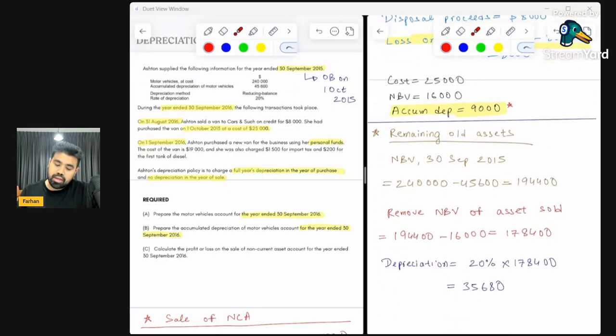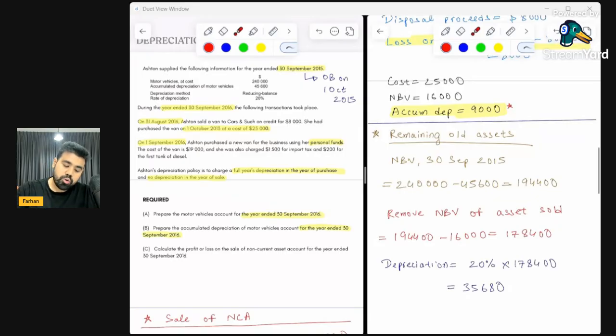Now, you know that we have got some remaining old assets as well from 30 September 2014. From 30 September 2014, if you recall, the question had $240,000 of motor vehicles, which is quite a lot. We only ended up selling 25,000 of it in this financial year. So which means 240 minus 25, 215,000 is still left to be worked with, right?